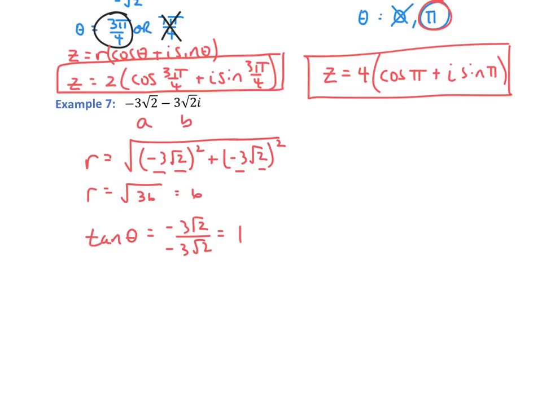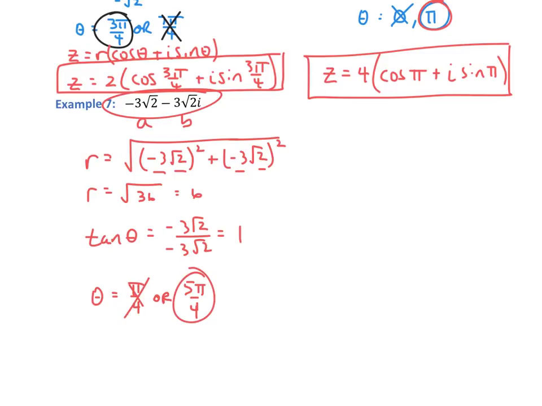Reminder that tangent of theta is equal to 1 in 2 possibilities: pi over 4, when it is root 2 over 2 divided by root 2 over 2, or 5 pi over 4, when it is negative root 2 over 2 divided by negative root 2 over 2. Since our point looks like it's coming from the third quadrant, I'm going to use the 5 pi over 4, not the pi over 4.